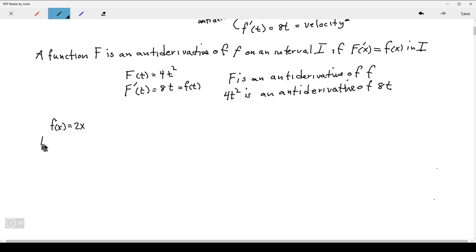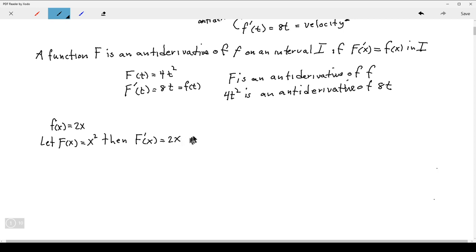Well, if I let capital F be x squared, then what I know is if I take F prime, what do I get? I get 2x.